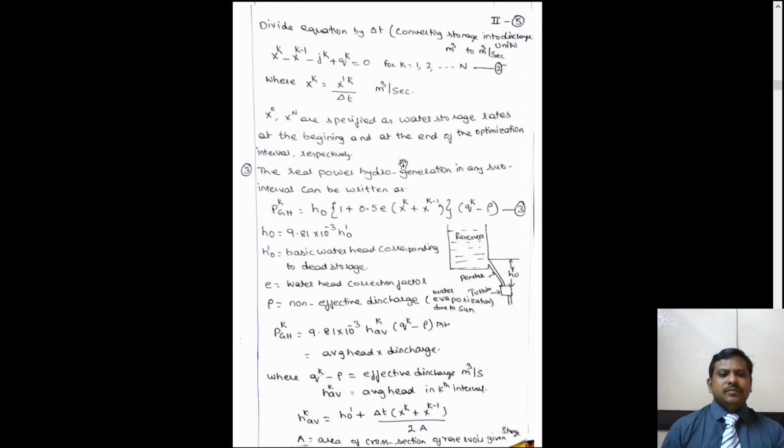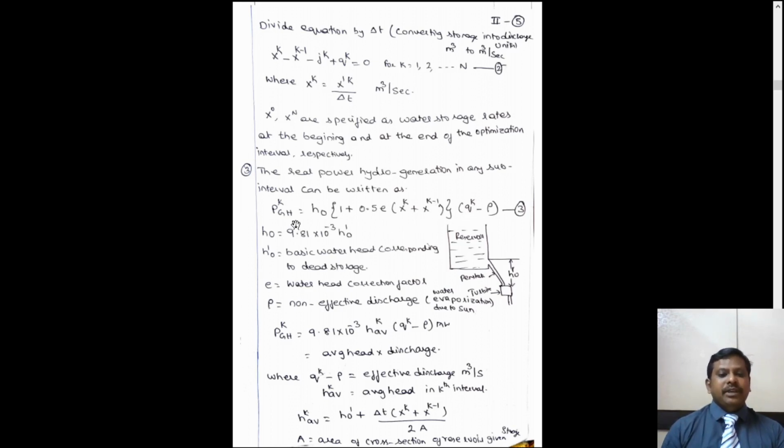The next one is the real power hydro generation in any subinterval. This is the power generated in the hydro power plant, and we are not deriving this equation here. PGH power k is equal to h naught into 1 plus 0.5 e, x power k plus x power k minus 1, into q power k minus rho.